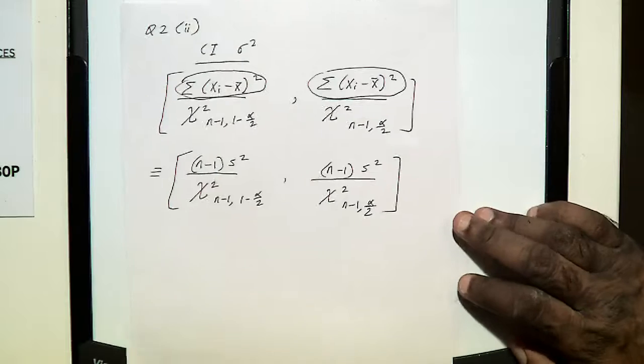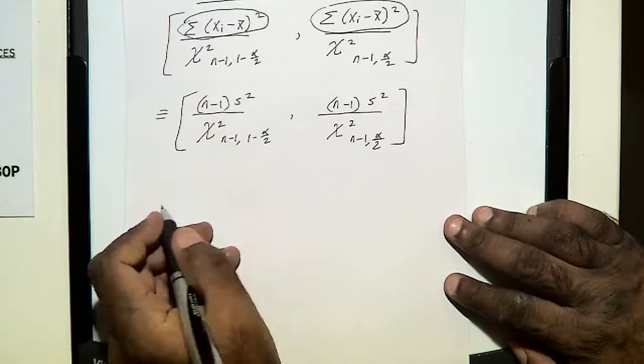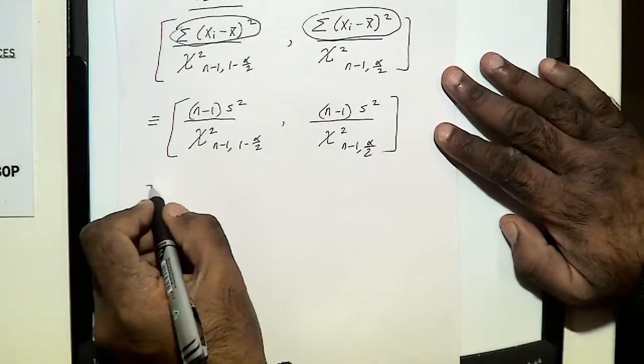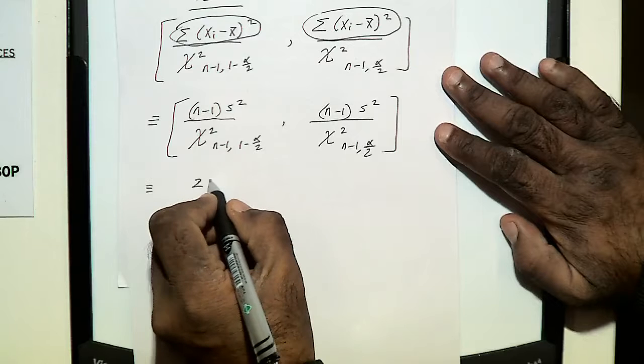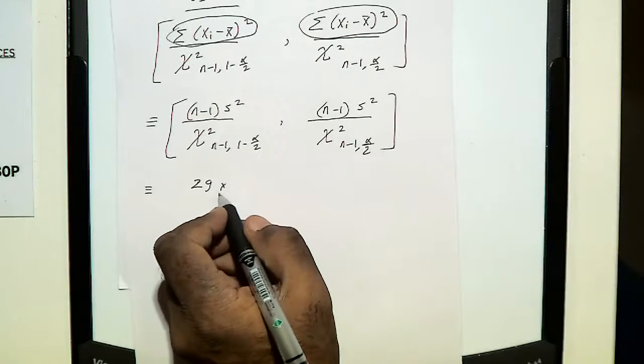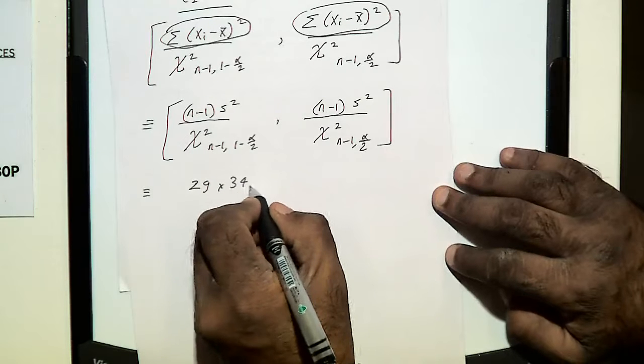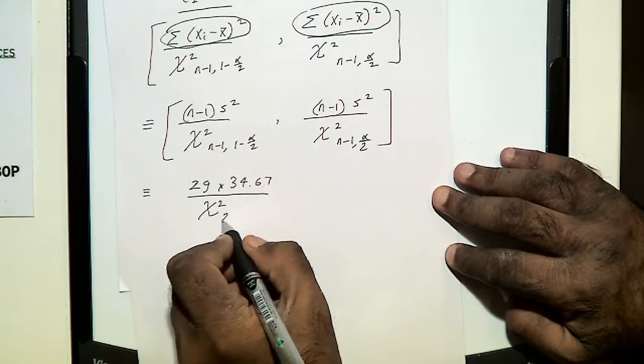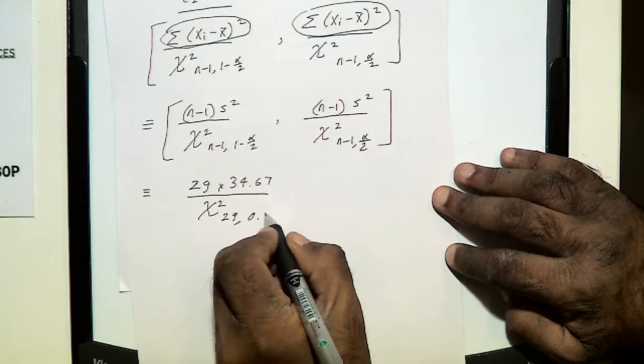Okay. Now let's sub in the numbers. N is 30, so it's 29 multiplied by s squared, which is 34.67, divided by chi squared with 29 degrees of freedom at 0.975.